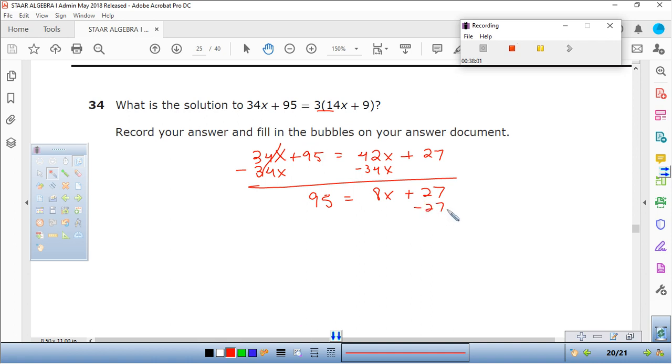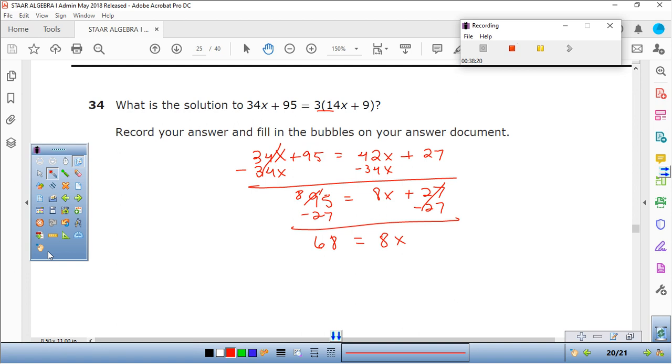Minus 27. These cancel out here. I don't even know what that is. 95 minus 27, I need a calculator for that. It's driving me crazy. I don't trust myself.